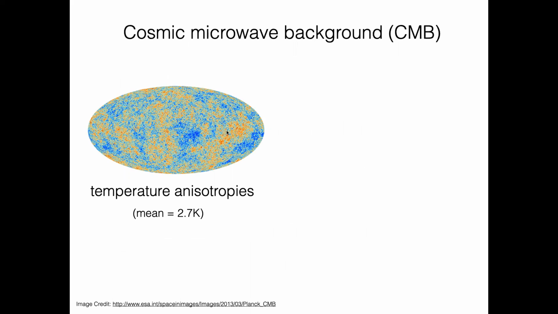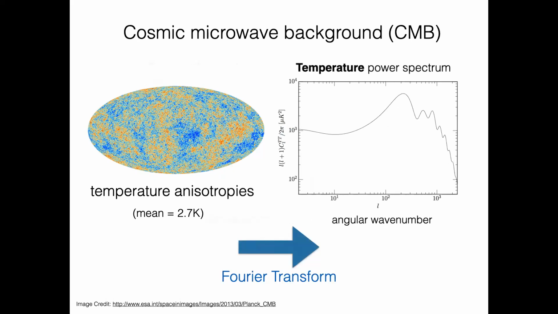CMB is just like any light. It has temperature and it has a polarization. So in every direction we look on the sky, the temperature actually fluctuates about a mean of 2.7 K, and we call that fluctuation temperature anisotropy. Whenever we have a map, we can use our favorite tool to do a Fourier transform and get a power spectrum.